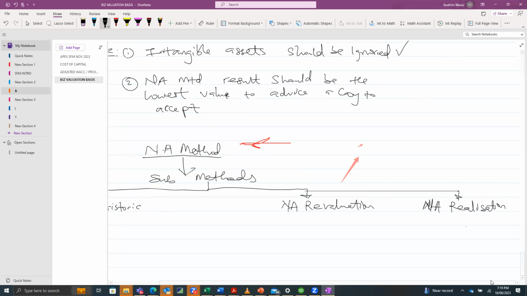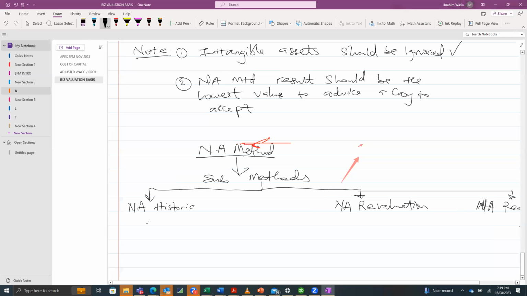Are we there? So another name for net asset historic is what we call net asset book value.